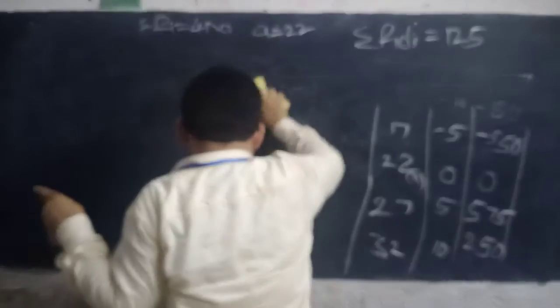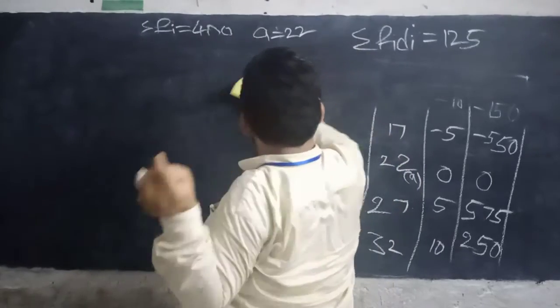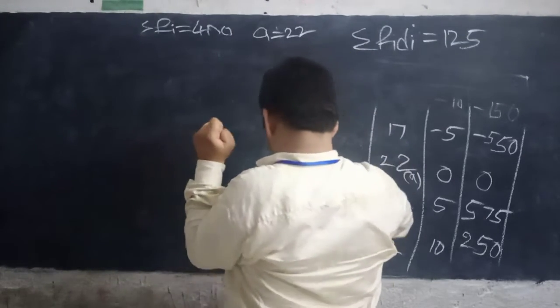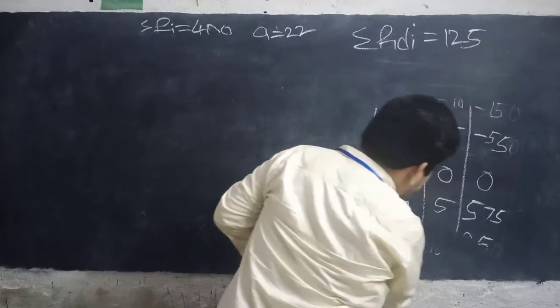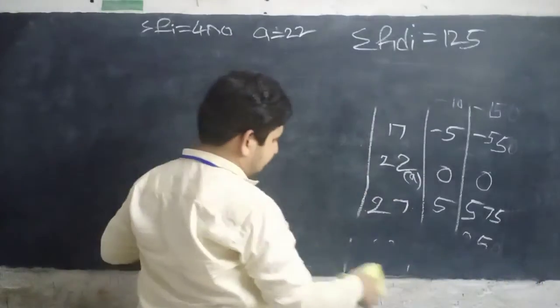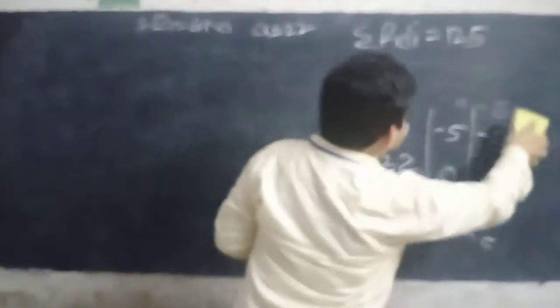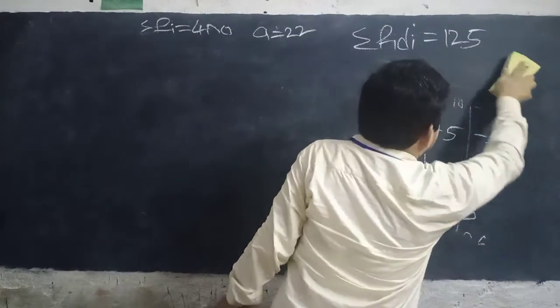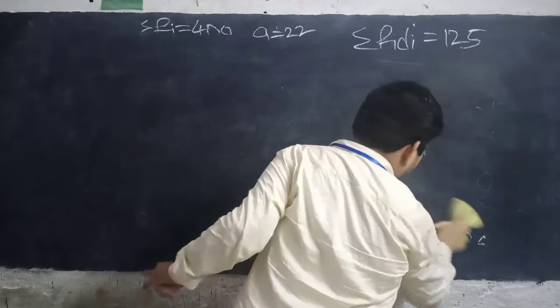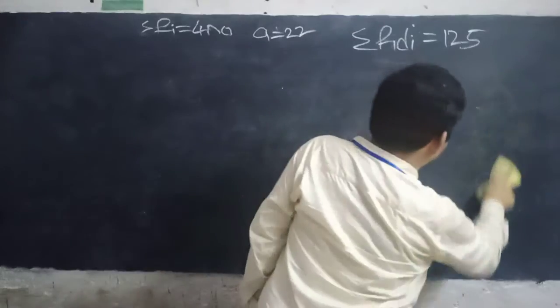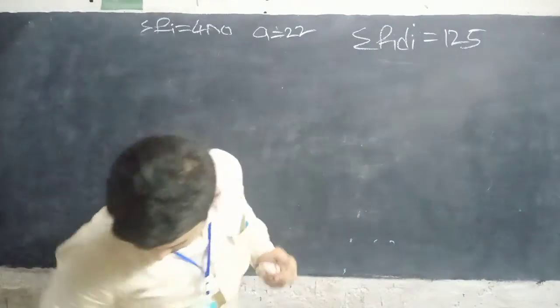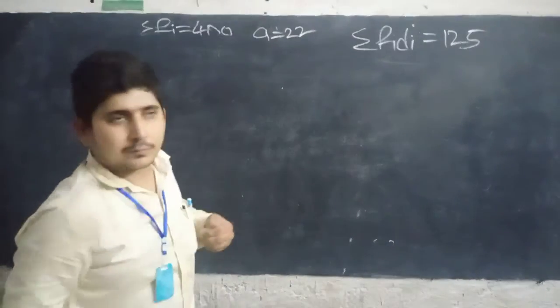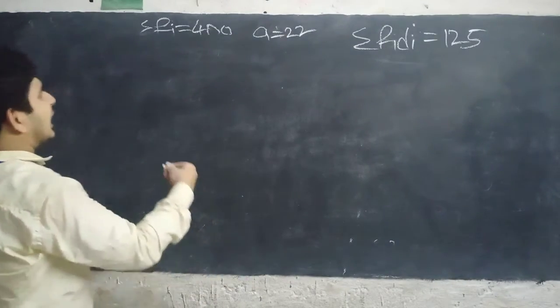Now there is no value of h, so there is no need of the height value in the assumed mean method. Only the interpretation of the class interval is needed.